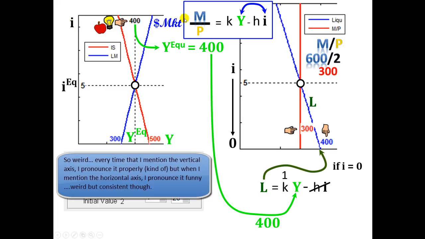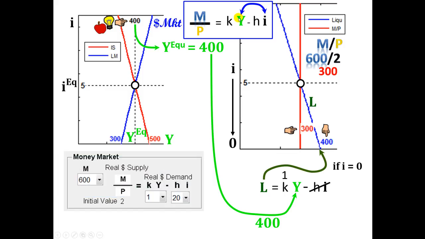So the LM curve tells me all of the combinations of income and interest rate, this blue line, but it doesn't specifically tell me this point. So I need to find the intersection in order to know the equilibrium in which both the goods and services market and the money market are in equilibrium. And then I can see the causality relation between this graph here and this graph here.